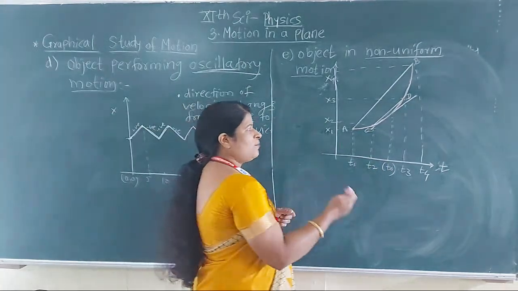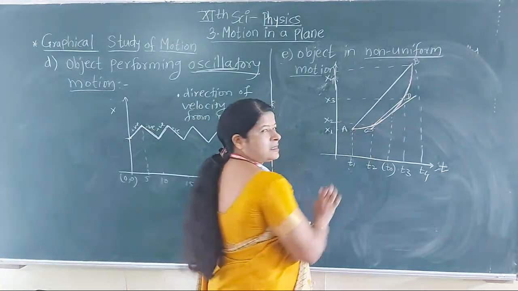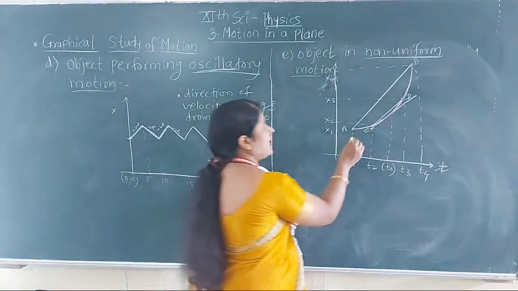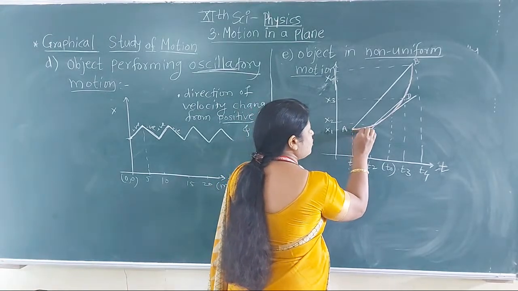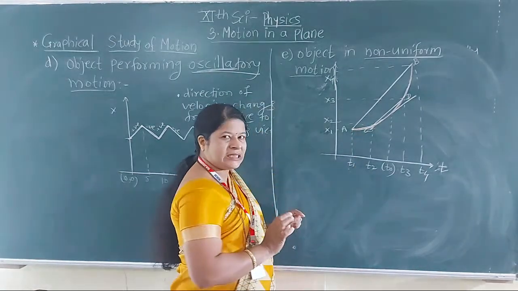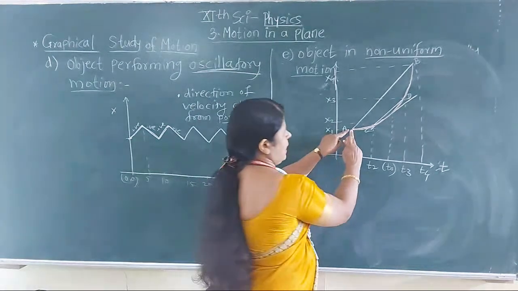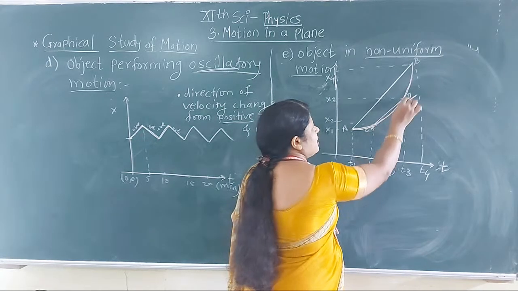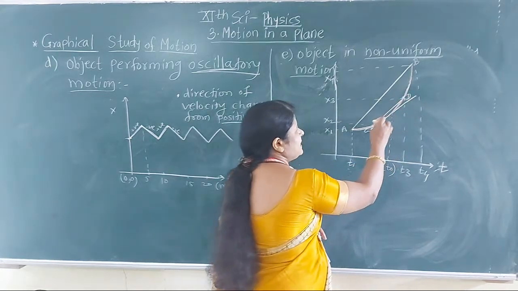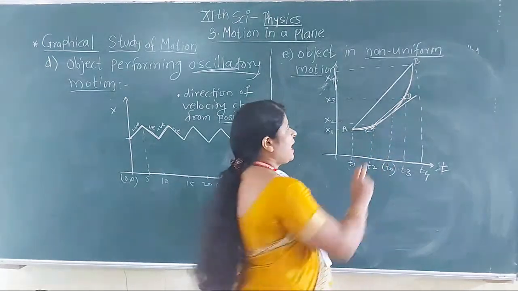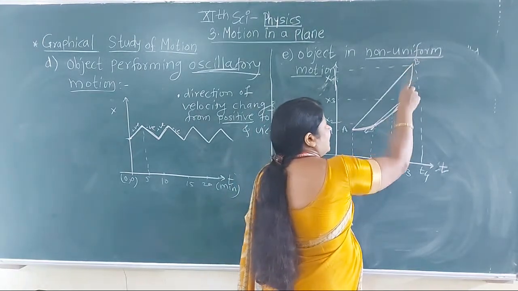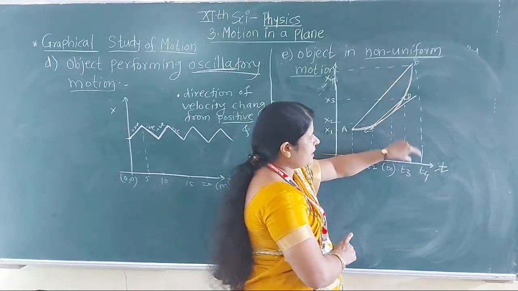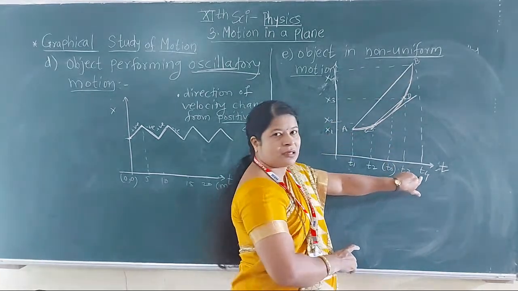There are different paths covered by that object, and this motion of the object is non-linear. See, A to C, there is a different path. C to D, it covers a different path in a different time. And D to B there is a different path and it covers it in a different time.